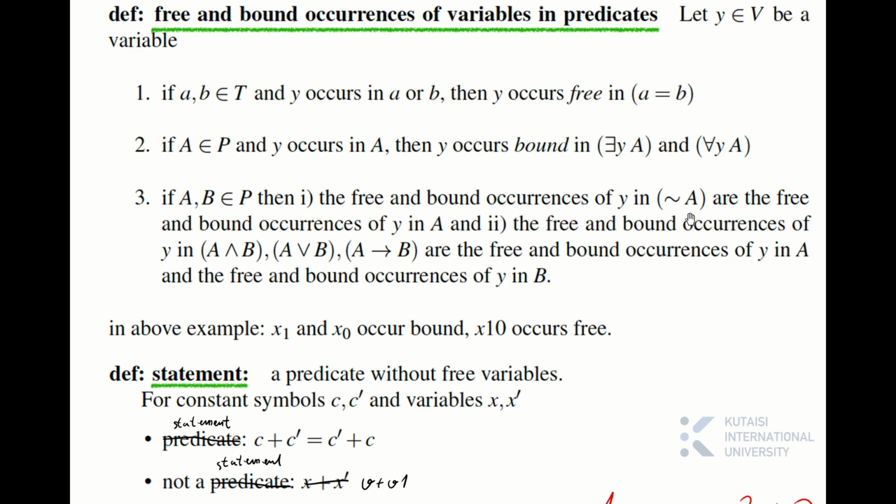It either occurs free or it occurs bound. And number 3 says that the free and bound occurrences of variables do not change in the sentences a or b, and a implies b. So these are the free and bound occurrences of y in a and free and bound occurrences of y in b.